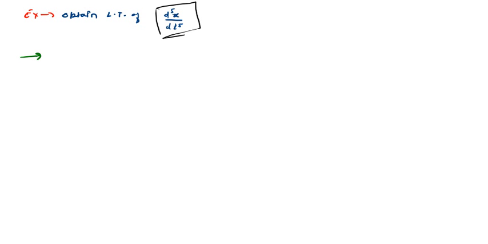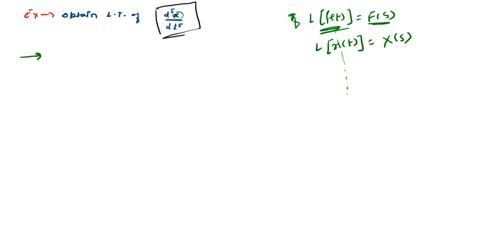To find the answer, you must know the basic definition: if L of f of t is F of s, then you can find the Laplace transform of the nth derivative. In this term the dependent variable is x, so instead of f of t we will take L of x of t. Just like L of f of t is F of s, L of x of t will be X of s.